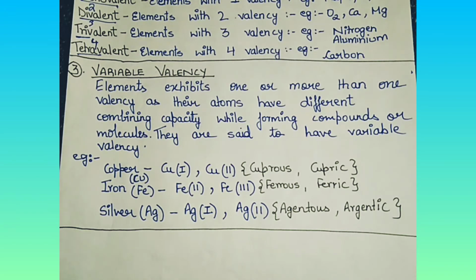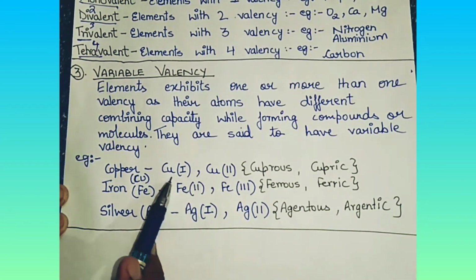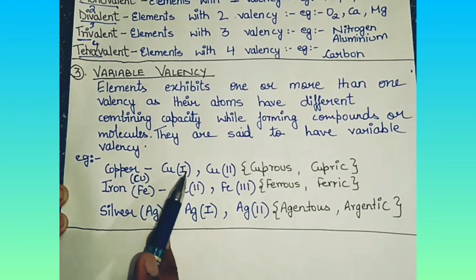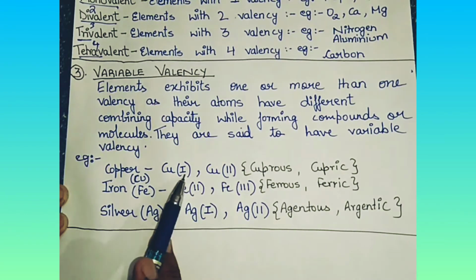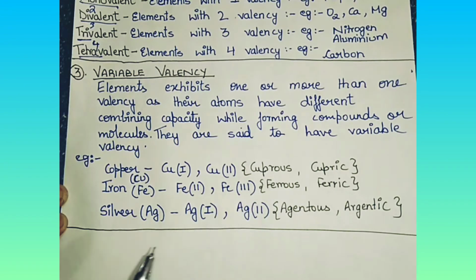Like copper first and copper second. Children, this is denoted by these signs only: copper 1, copper 2, which is known as cuprous, cupric, which is written over here.